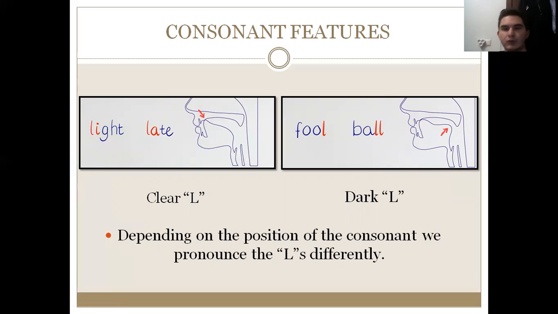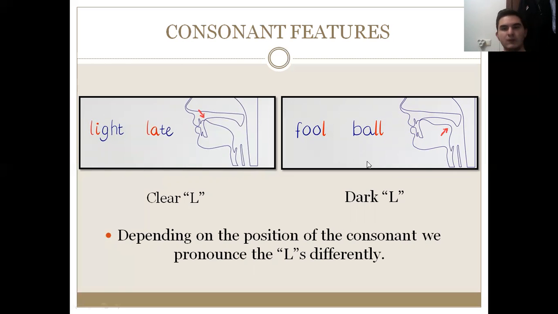What they represent is that when you pronounce a word that has a clear L, your tongue goes just right behind your upper teeth. It doesn't touch your upper teeth, but it kind of touches just right next to it, and you make the light sound.